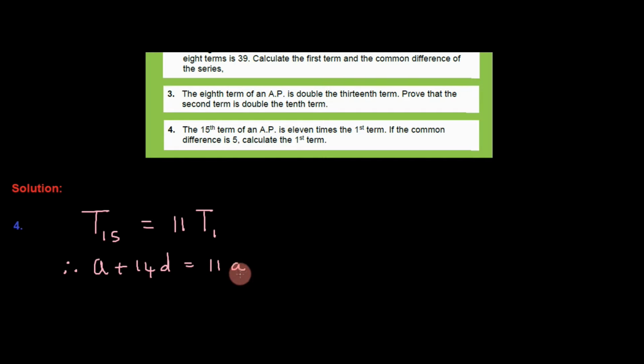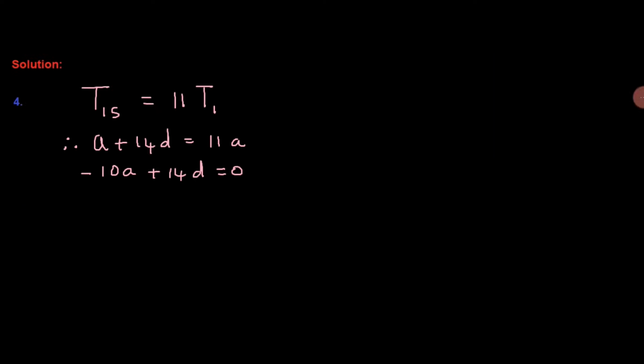We can bring everything to one side. So a minus 11a is minus 10a. Then plus 14d equals 0. We can take the 14d to the other side. So negative 10a equals negative 14d. And then we can write a in terms of d. Dividing negative 10 into the right-hand side, we get 14 over 10.